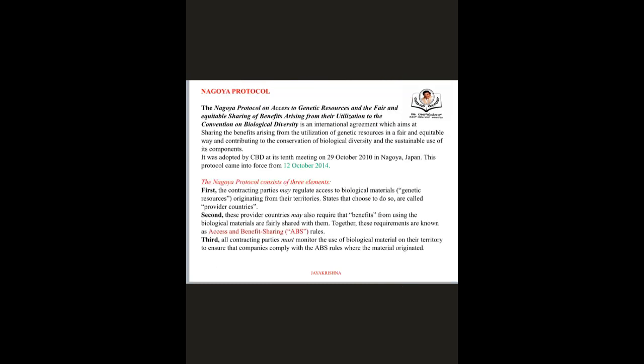The Nagoya Protocol. The next protocol is the Nagoya Protocol. Nagoya is an important city in Japan, in the state of Aichi. The name of the country is Japan, the name of the state is Aichi, and the city is Nagoya.